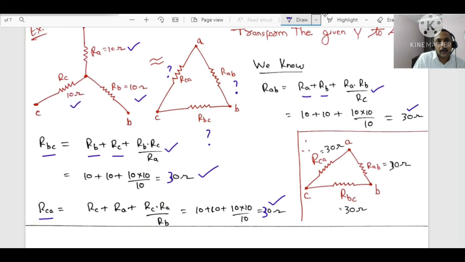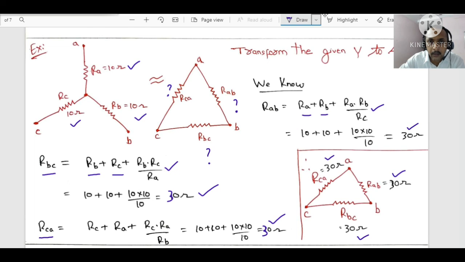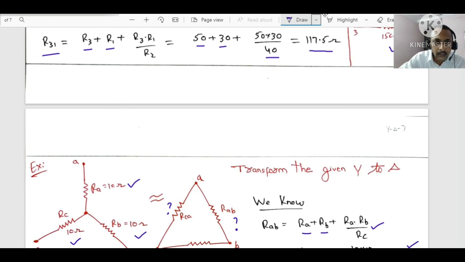Now observe, dear students, the value of 3 equal resistors connected in star became 3 times the value in delta. Now RAB is 30 ohms, 30 ohms, 30 ohms. So very important, dear students. Don't think that going from star to delta, the value always becomes 3 times. Some may misunderstand like this.